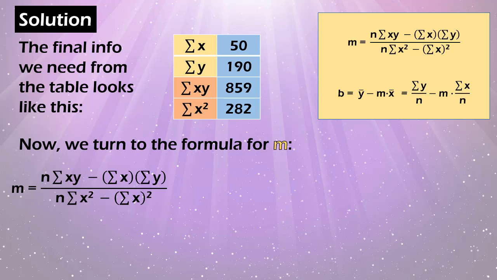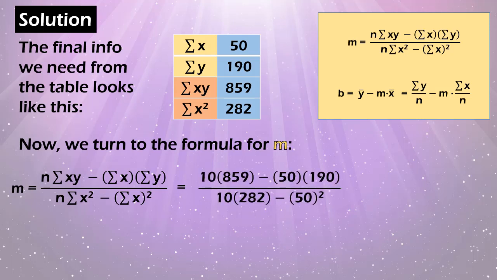So we're going to insert the values in the correct positions. Remember that n is 10 because we had 10 data points. So this is 10 times 859 minus 50 times 190 in the numerator. And in the denominator, it's 10 times 282 minus 50 squared.